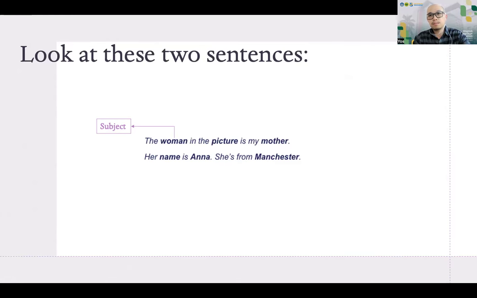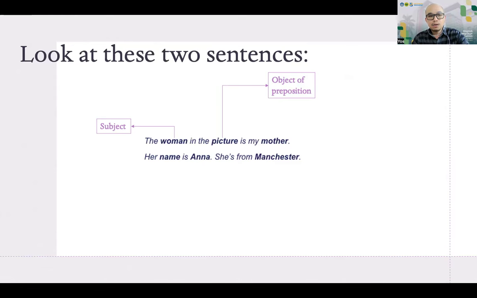What about the word picture? The word picture is the object of preposition because it comes immediately after the preposition in. In what? In the picture. That's why we call it the object of preposition.